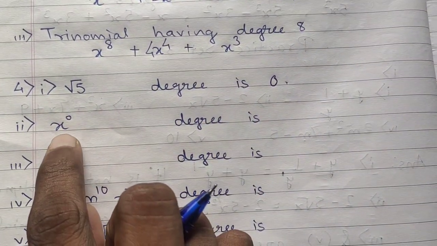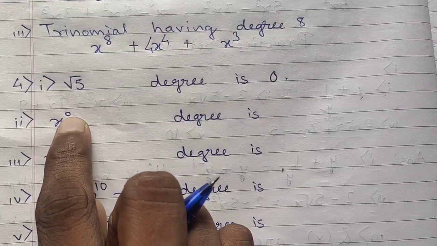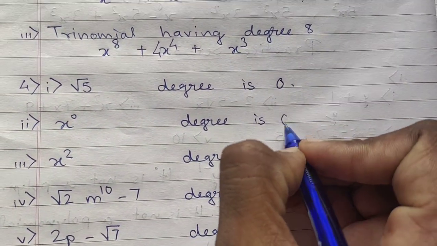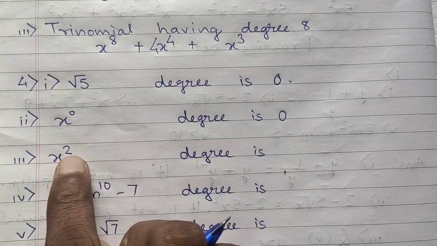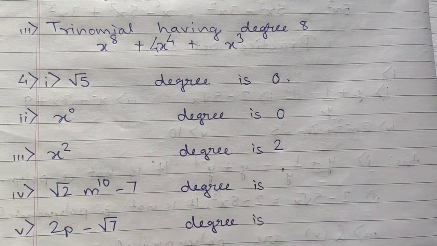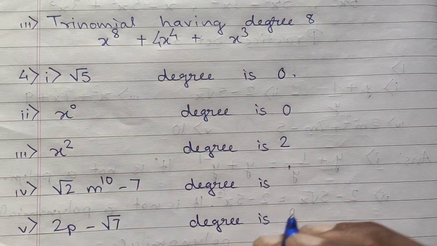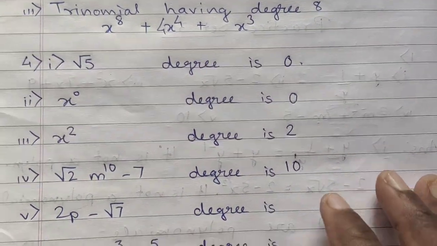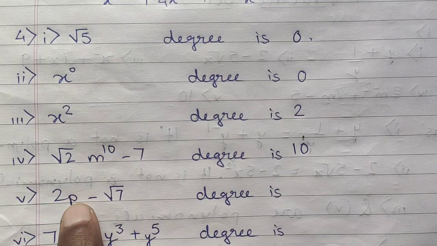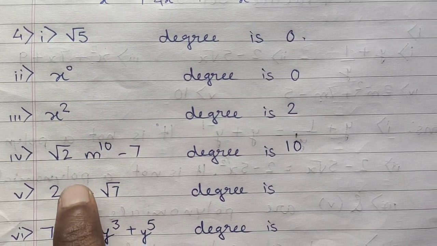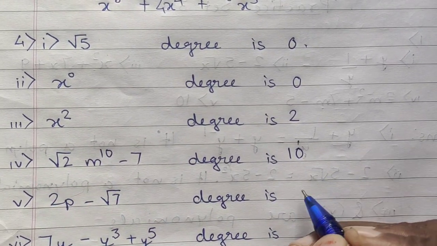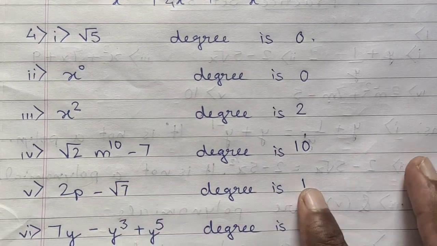Now in this case, the variable is there and the power of the variable is 0 here, so the degree is 0. What is here? 2, because the highest degree is 2. Now in this case, your variable is m and the power of the variable is 10, so the degree is 10. Now in this case, your variable is p and the power of the variable p is 1, so nothing is written, that means 1.